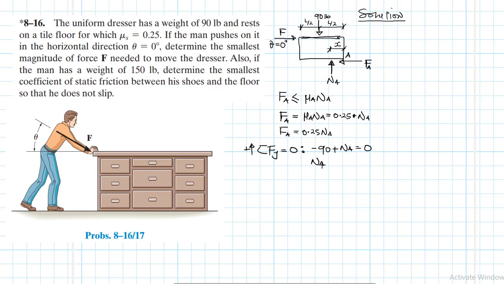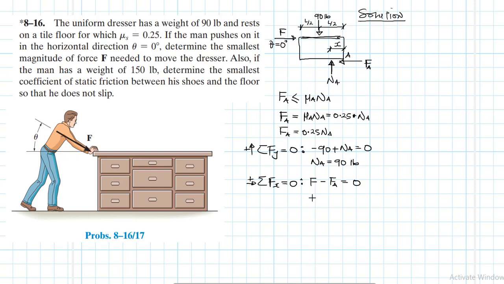Therefore, NA is equal to 90 pounds. Then summation of forces in the x direction: we have F minus FA equal to 0.